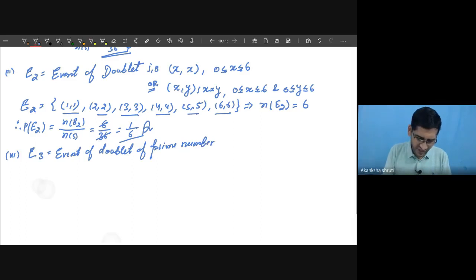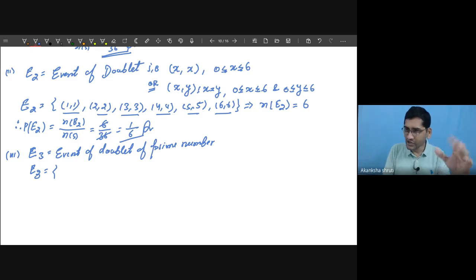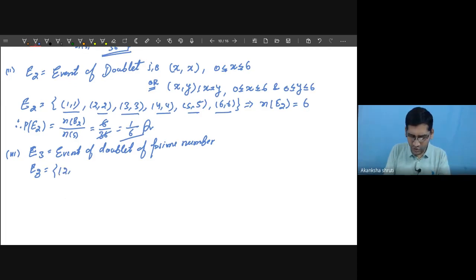What is this event E3? You have to write it in the set form. Prime 1 1 is not there. It can be 2 2. It can be 3 3. It can be 5 5. Only these 3.